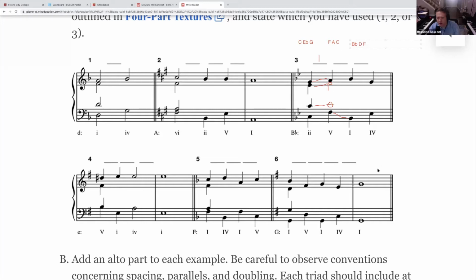So we could have a common tone of the F. Do you want to try that? I suppose. Since we have the D, yeah. Okay, common tone of the F.